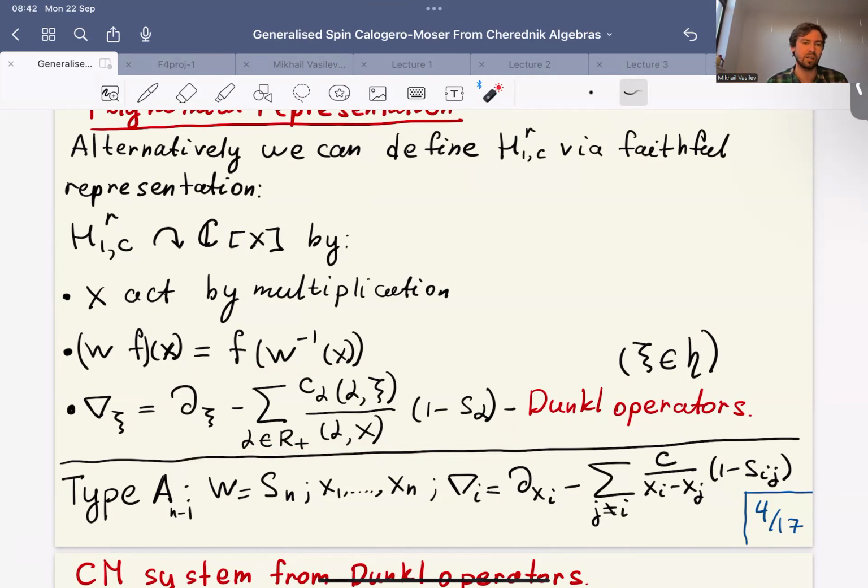And this is, at least for me, way more understandable than generators and relations. Additionally, if we don't like root systems, something a little bit abstract, we can just take A-type. The Weyl group will be a symmetric group. We have n variables X, and we have explicit formulas for the Dunkl operators. In this case, we'll just have one multiplicity parameter.